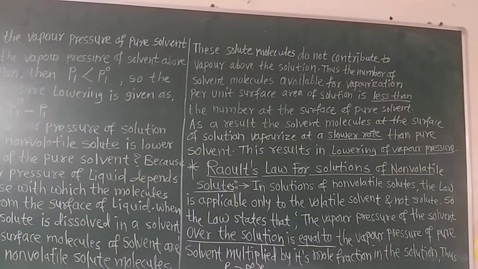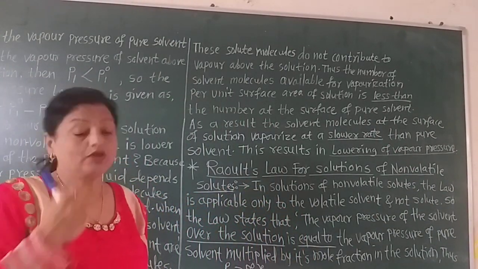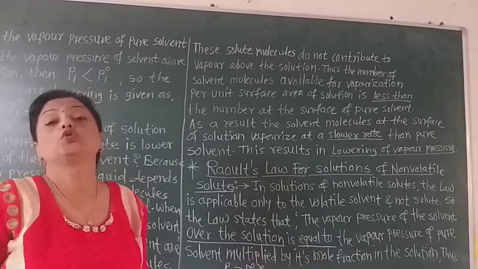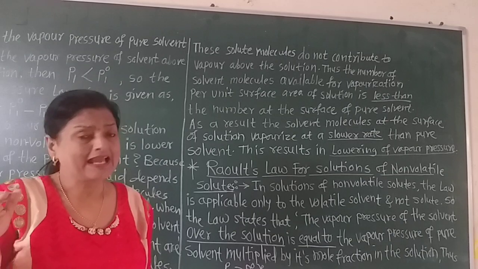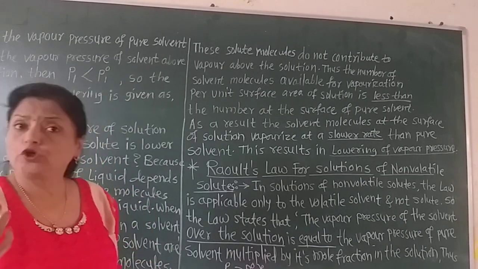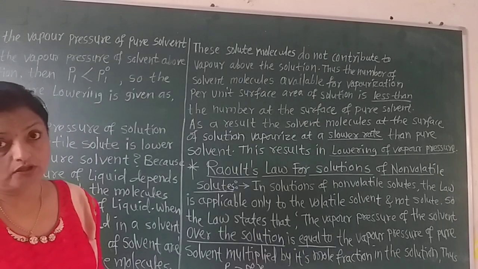These solute molecules do not contribute to the vapor because they are non-volatile. When we add the solute into the solvent, some of the solute molecules replace the solvent molecules on the surface, and the solute molecules do not contribute to the vapor above the solution.